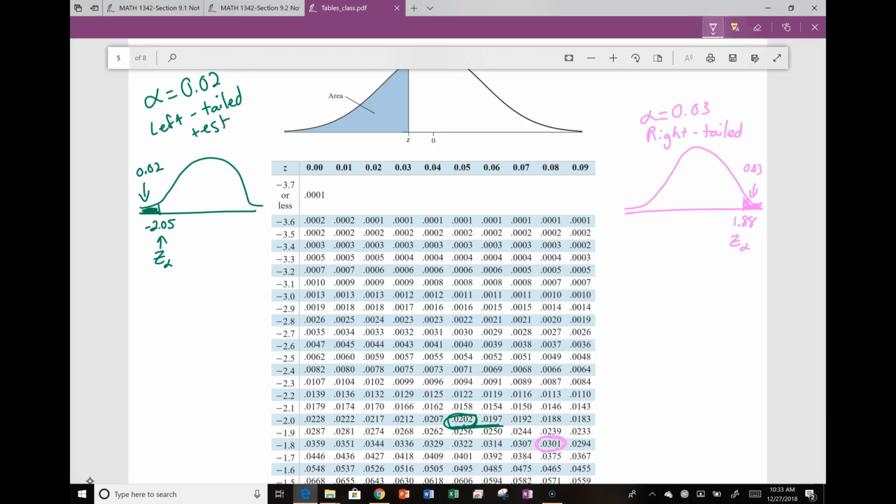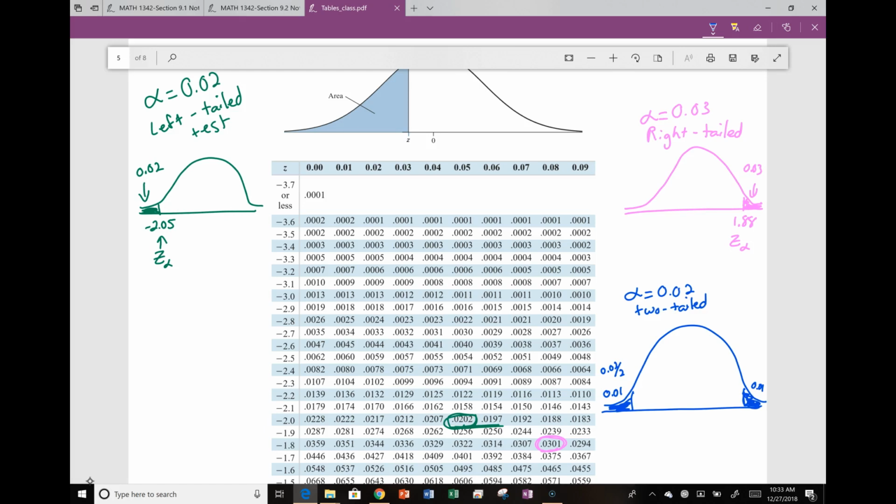When we look up a two-tailed test, so let's say that alpha is 0.02 for a two-tailed test. Well, on a two-tailed test, it's not going to have the same Z as this left-tailed test did. What we have to do is we have to take 0.02 divided by 2, because this entire shaded area has to add up to 0.02. So I'm actually going to look up a 0.01 on both sides.